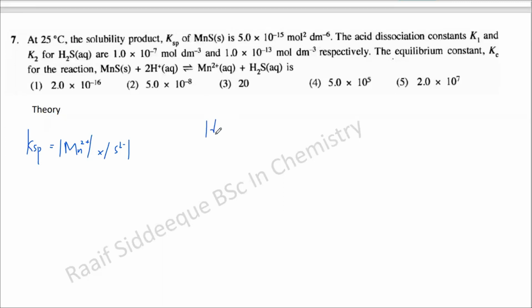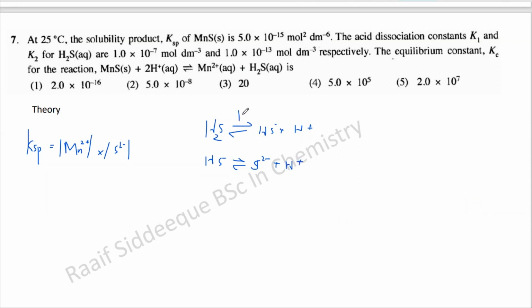If you remember about H2S, it can dissociate like this. First it will form HS- plus H+. This will be the first equilibrium. And this HS- again can dissociate reversibly to give S2- and H+.